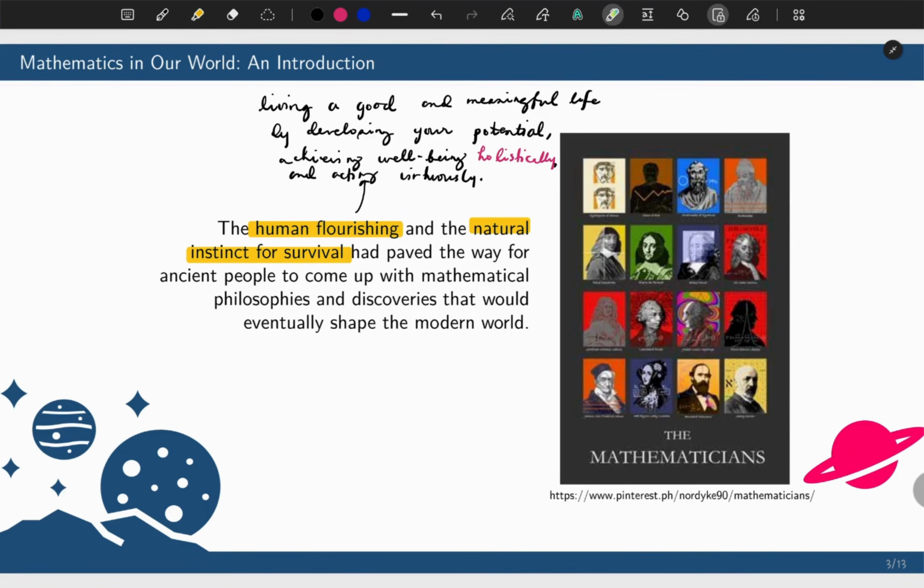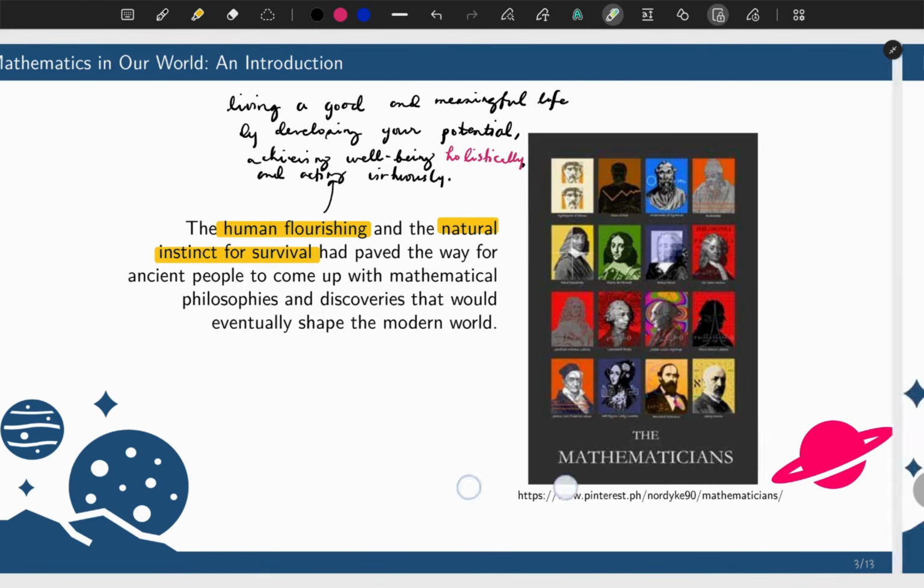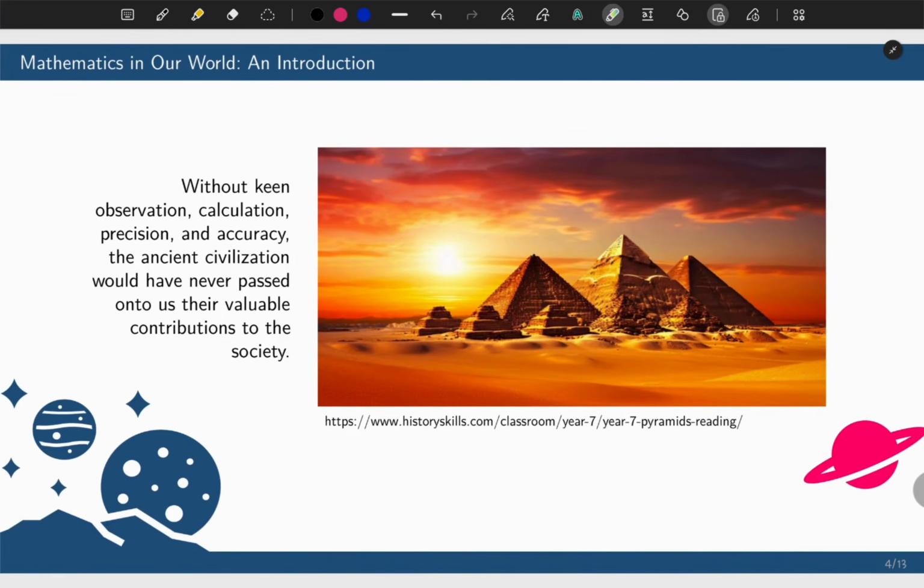Next, natural instinct for survival. Of course, the ancient people had to discover some skills for survival using mathematics in order to survive. Without keen observation, calculation, precision, and accuracy, the ancient civilizations would have never passed on to us their valuable contributions to society. In the image on the right, you will see the pyramids of Giza in Egypt.